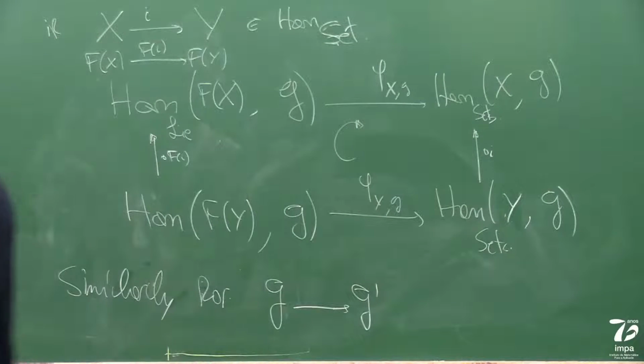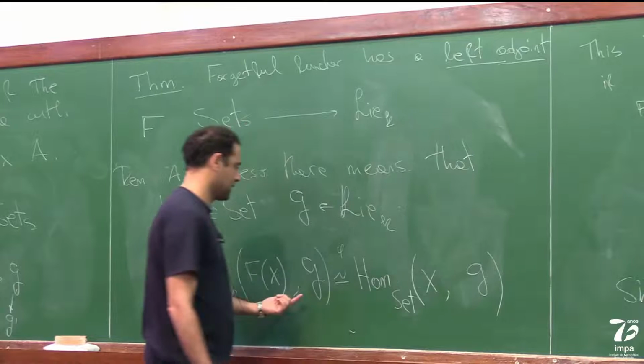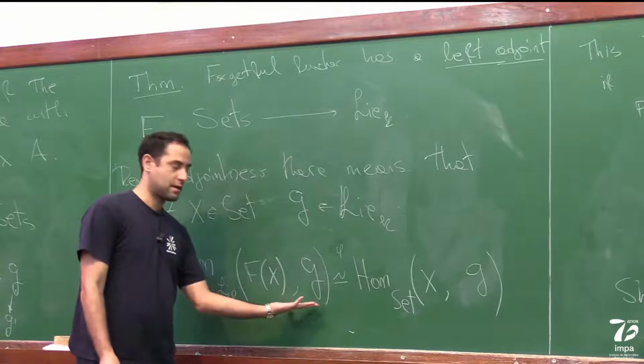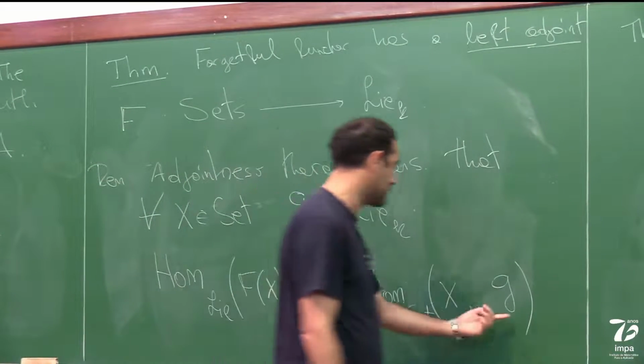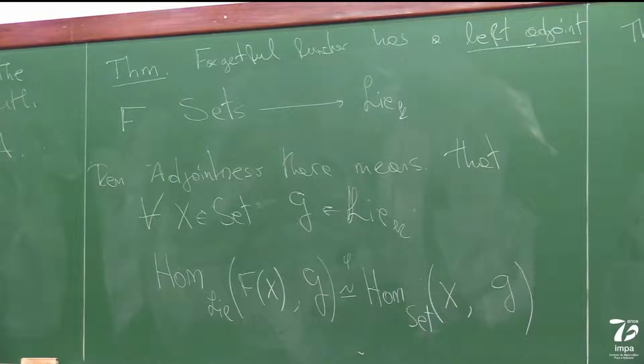But concretely, this characterizes a universal property of this Lie algebra F of X. So let's read what this isomorphism phi is.